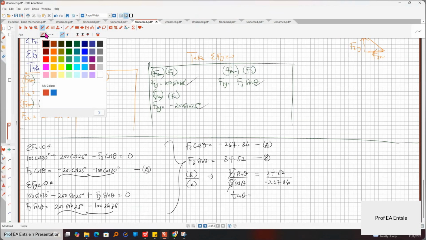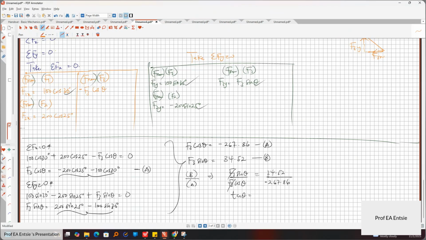Tan theta will be equal to 34.52 divided by 267.86. You can bring the negative later. If you do 34.5 divided by 267, you get 0.13. So minus 0.13 because of this minus here.